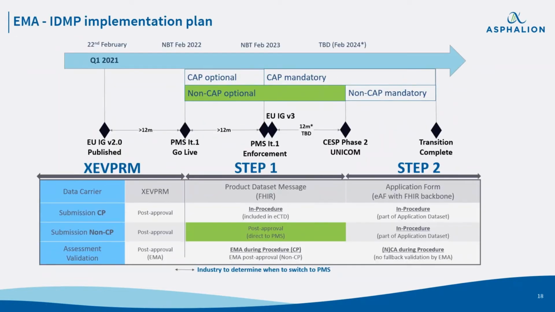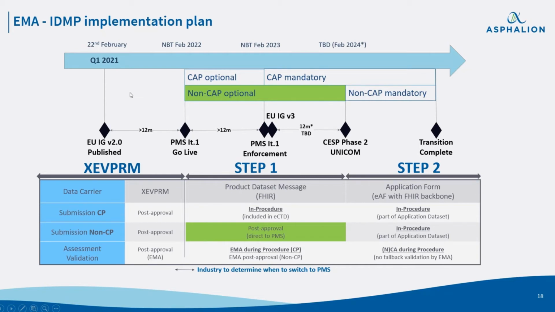So in this understanding of the process, of course, what we have to understand is what the EMA implementation plan will be. At the moment, we are at this point where the go live of this product master services is not released yet. The starting point or the trigger for this implementation was the release of the European Implementation Guidance version 2.0 in February this year.